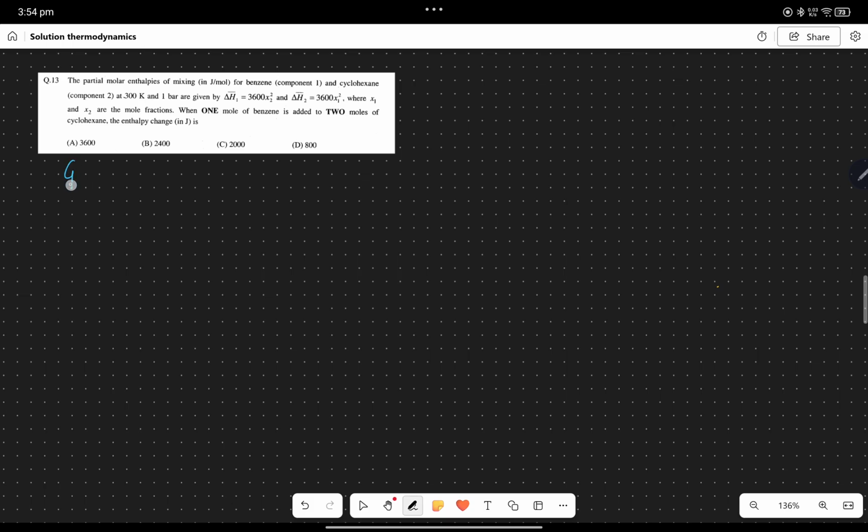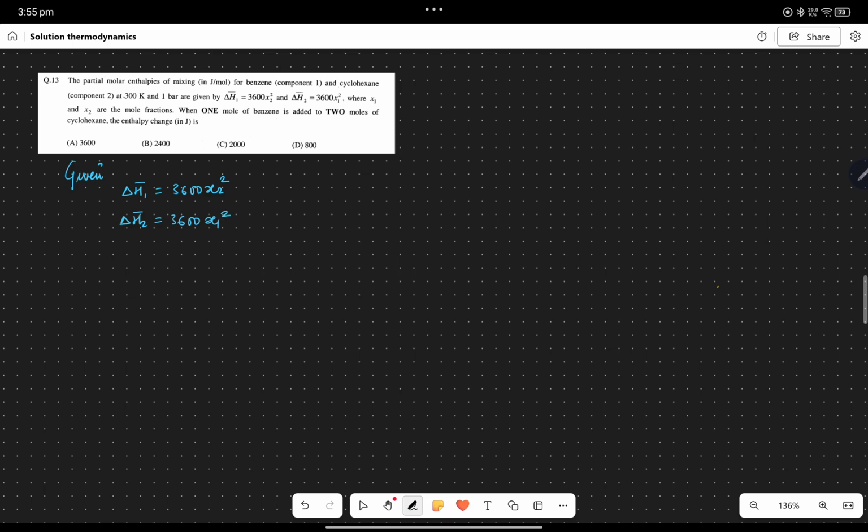So what is given to us? First of all, delta H1 bar means the partial enthalpy of component 1 in solution, right? So that is 3600 x2 square, and delta H2 bar is the partial molar enthalpy of component 2 in the solution, that is 3600 x1 square, right?